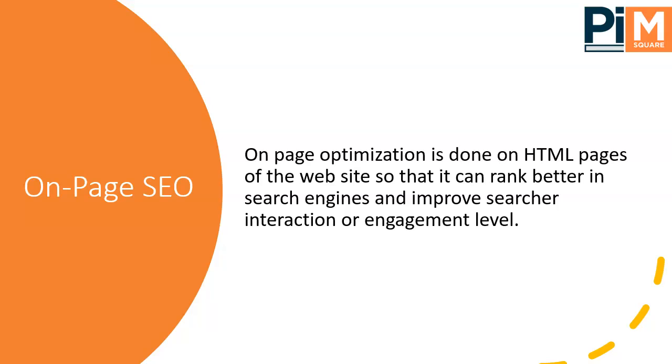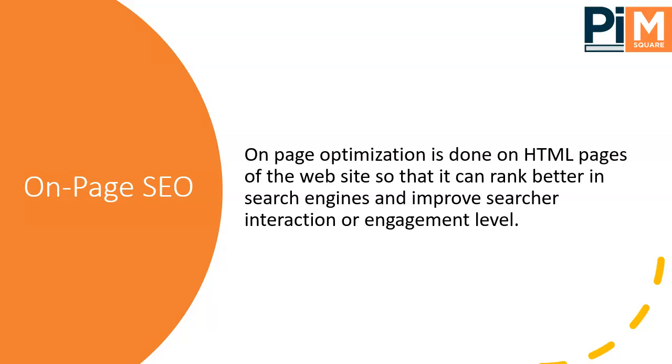So in the coding part of HTML, there are a few things which get optimized, in terms of keywords, in terms of title or meta description. We'll be discussing everything step by step. So optimizing those things in the HTML coding on the website is called on-page SEO.